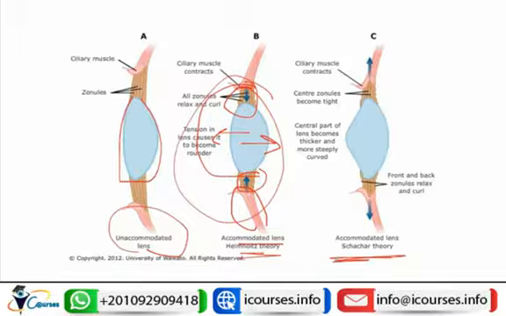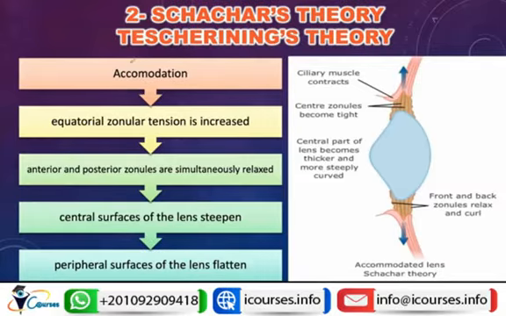Let's see what the Schachar theory is. When there is accommodation, the equatorial zonular tension is increased, meaning that this is the reverse of the Helmholtz theory. Schachar, and sometimes also Tscherning, have suggested that when there is contraction of the ciliary muscle, this will lead to contraction of the zonule.